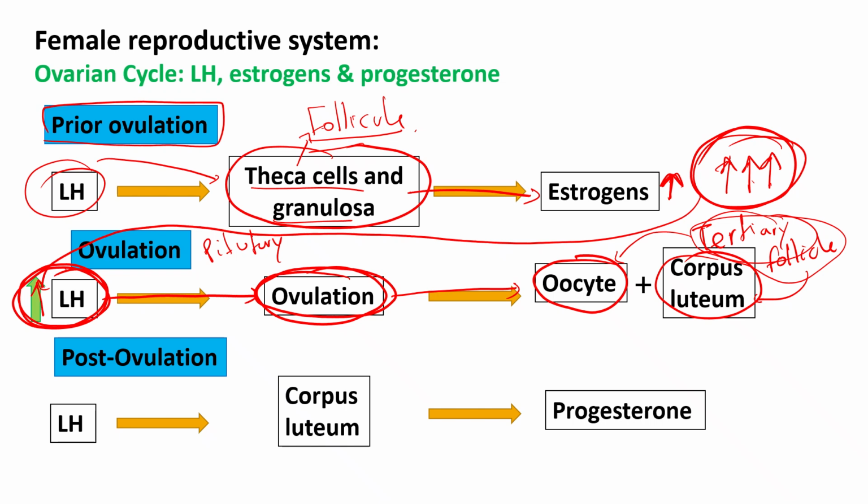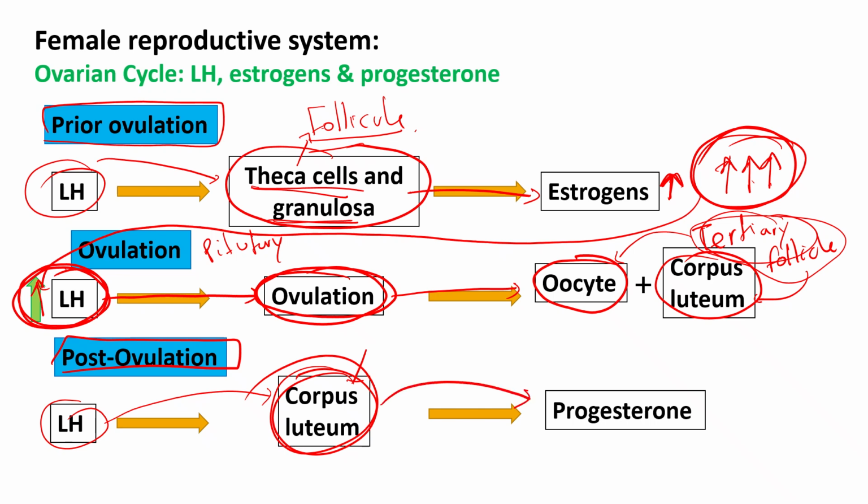Post-ovulation, the LH will still keep stimulating the corpus luteum, but now these theca cells and granulosa cells, which are in the corpus luteum, are going to be the ones that produce progesterone.